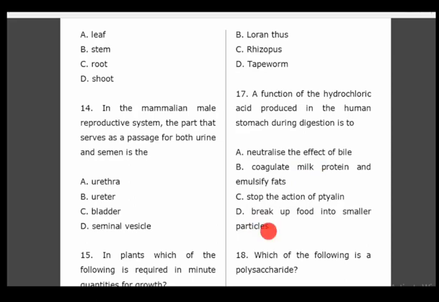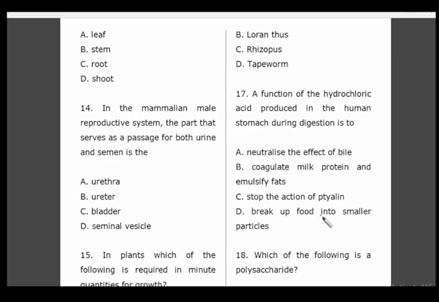In fact, the food must have been broken into smaller particles right from when it was in the mouth. So the answer to question 17 here is option C, which is to stop the action of ptyalin. The HCl in the stomach helps to stop the action of ptyalin because ptyalin has acted on carbohydrate food in the mouth, helping to convert the starch to maltose.